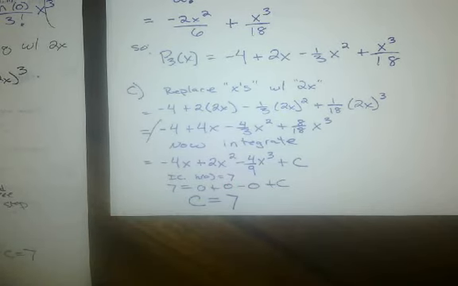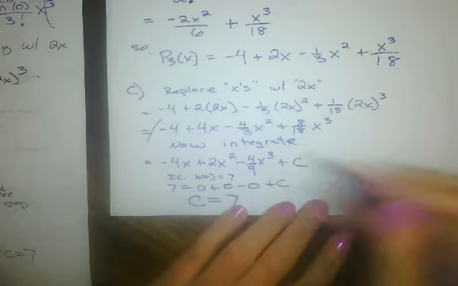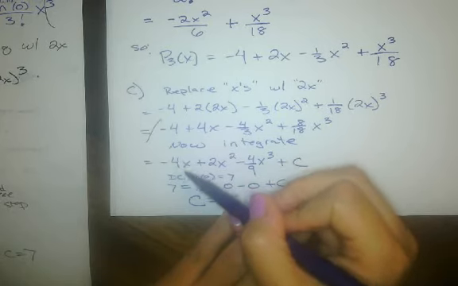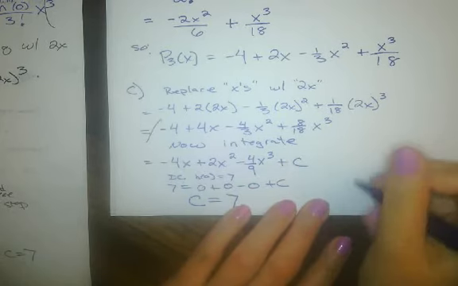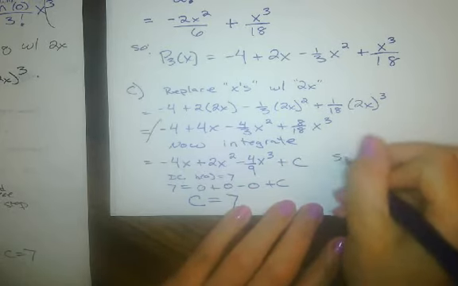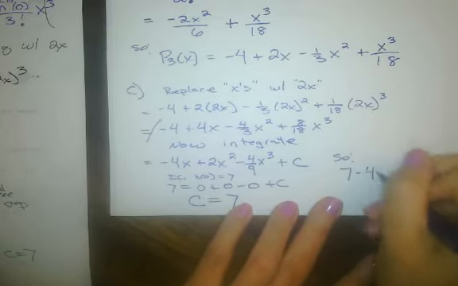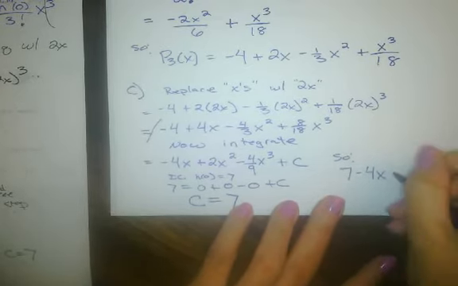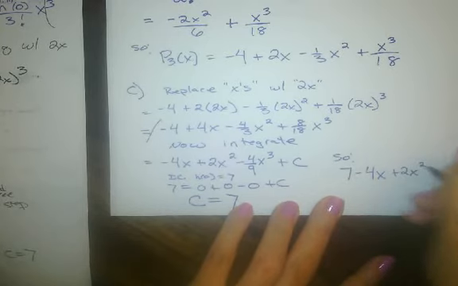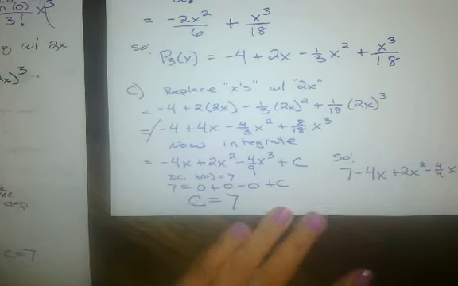So now that you've got that, my final answer to this, notice that I don't have an integer now, so c becomes my constant term. So my final answer would be 7 minus 4x, and then plus 2x squared minus 4/9 x cubed.